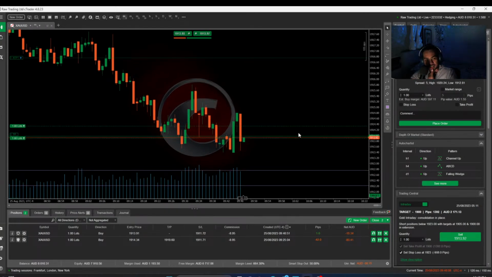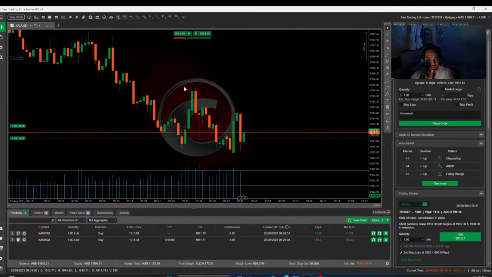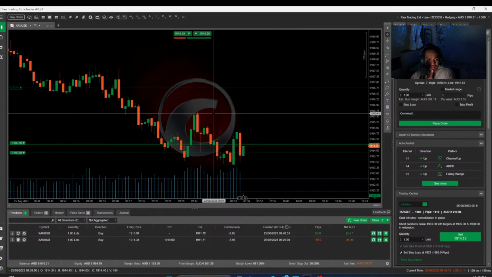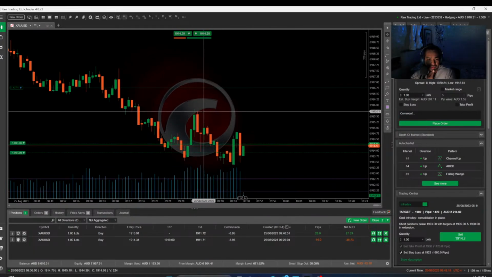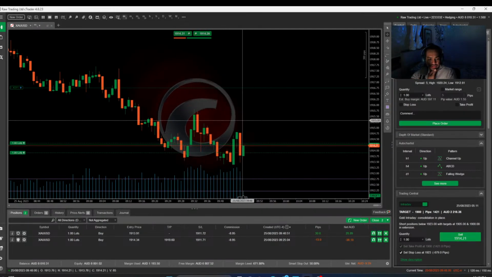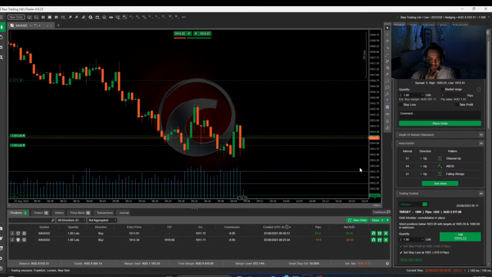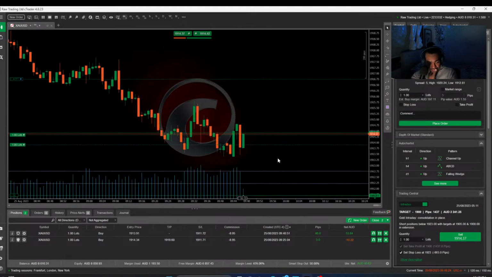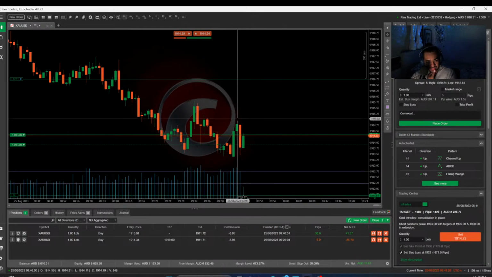So the price is failing to break the previous highs. It's trying to make lower low, lower highs, lower low, lower highs. So it's trying to come down. But yeah, I want the price to break this high.